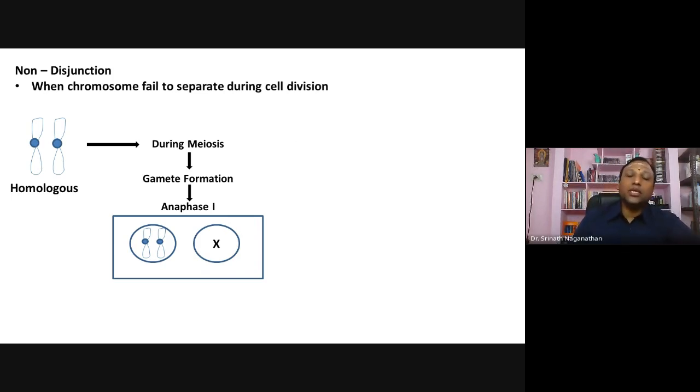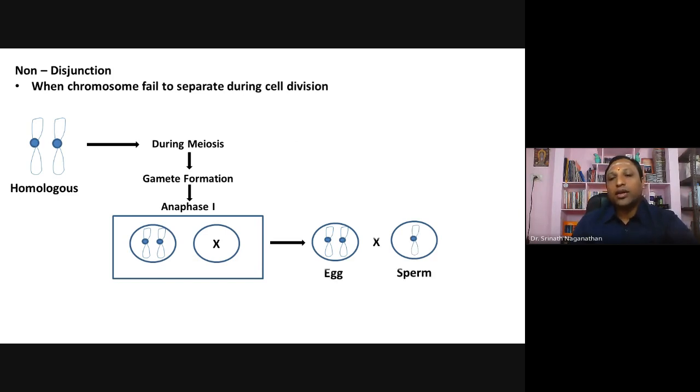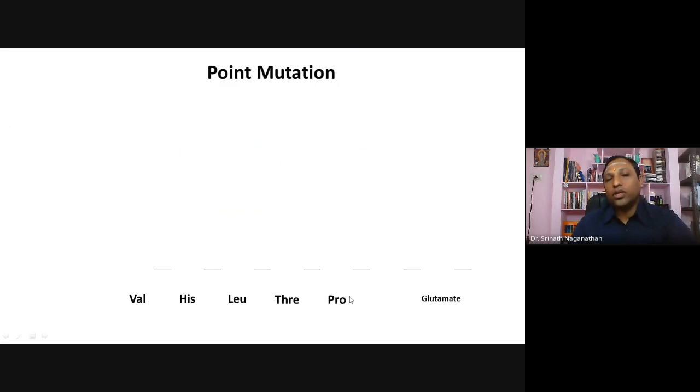So in this particular case, we are going to have two in one, that is, if this particular egg is considered female, the egg is XX, and in another one it is only one, that is, the sperm. So during the zygote formation we will have the trisomy condition, which leads to Down syndrome.